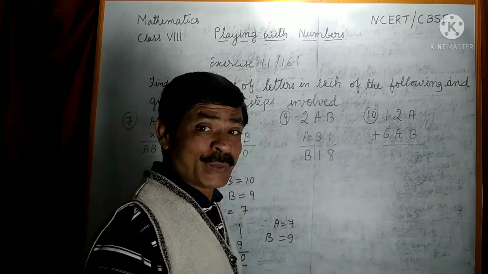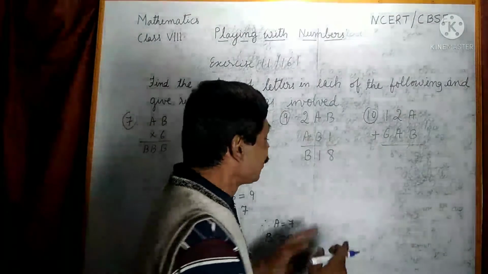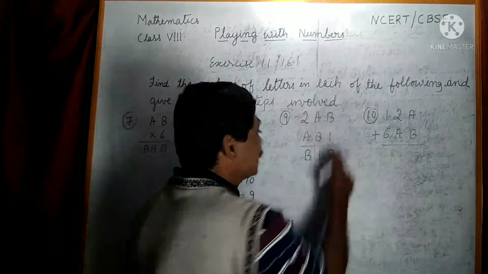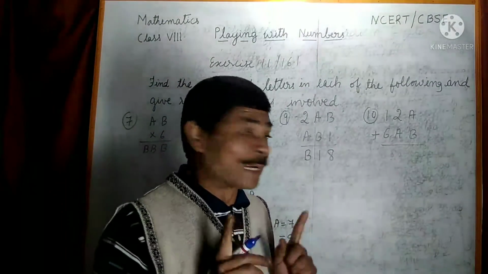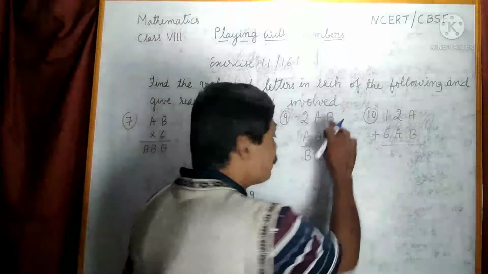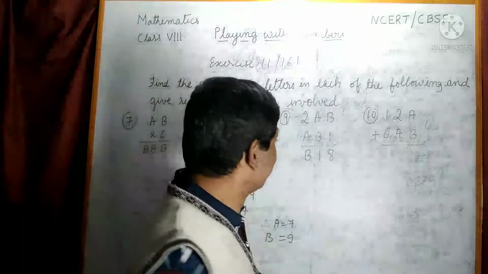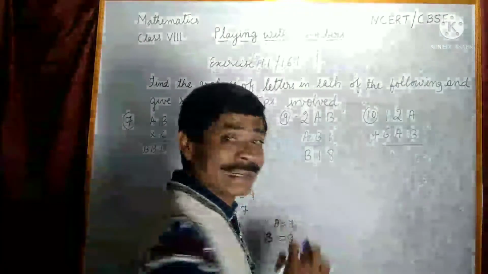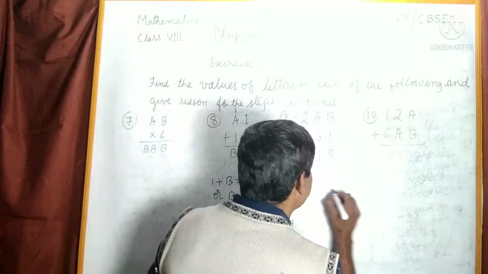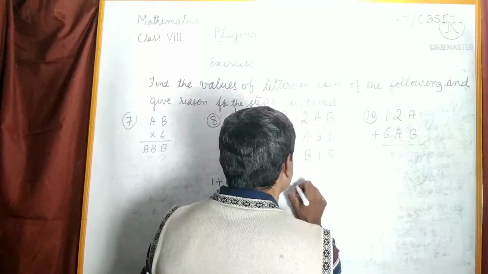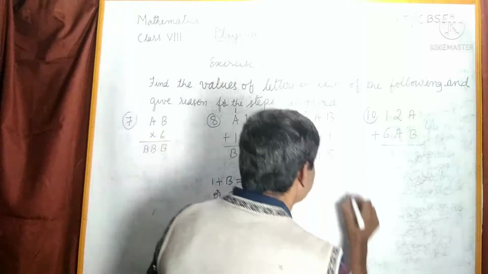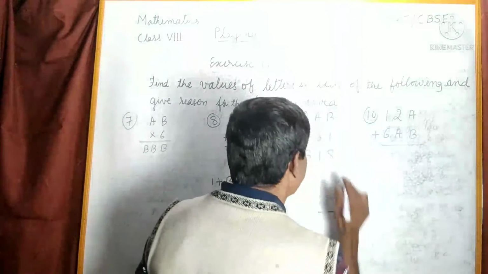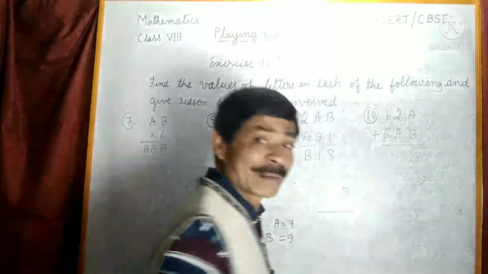Now let us go to the next puzzle. Now let us look at the first column. B plus 1 is equal to 8. That means that B should be 7. 7 plus 1, 8. So let us write. Therefore, B is 7 plus 1 and this is equal to 8.